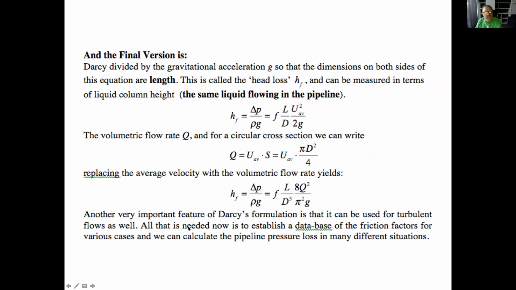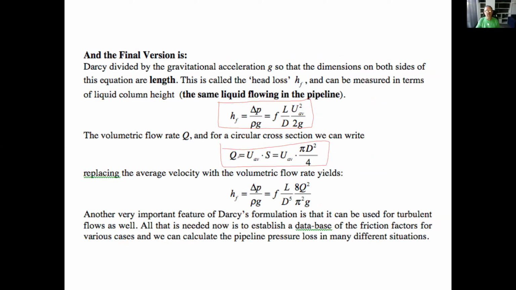And the final version. Here it is. This is very, very important. That's why people love his formula. His formula is the same thing we had before, but he added here, and he called that the loss, and it's measured in terms of length. I just remind you that if you know the average velocity, then you know the flow rate.